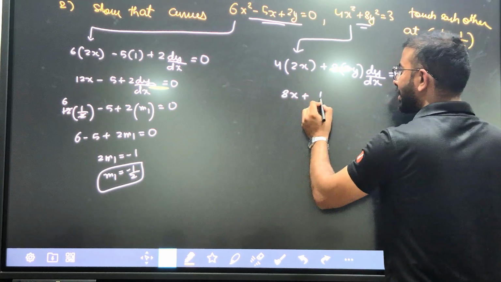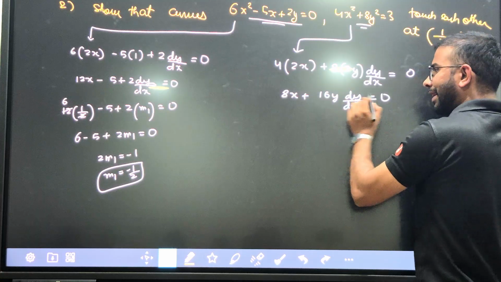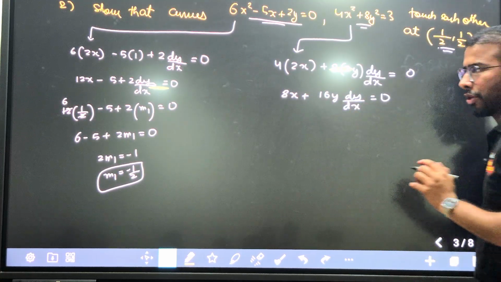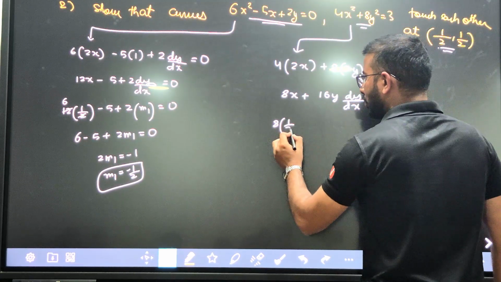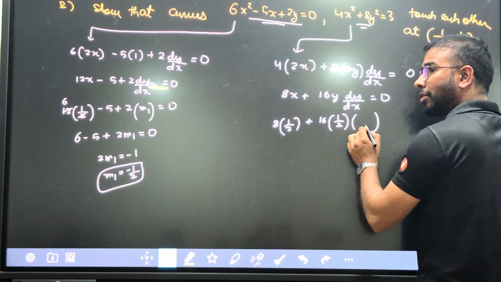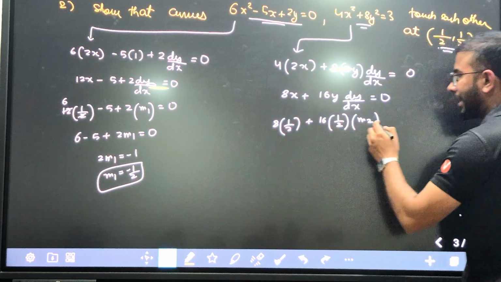This is 8x plus 16y dy by dx. Basically, we can take common and cancel, it's advisable, but if it is still a problem, just substitute the value. What is the value of x? 1 by 2. What is the value of y? 1 by 2. And what is dy by dx now? m2. Very good, because here it is m1, here it is m2.